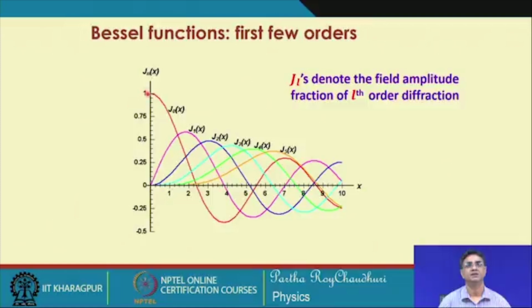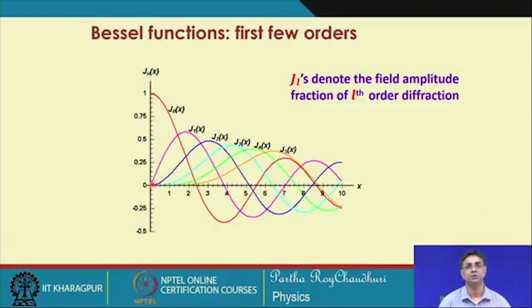Only J 0 of phi 1 is non-zero, and that will carry the maximum amplitude of the electric field. So, in the absence of the acoustic wave in the medium, you have the entire amplitude of light contained in the 0th order of diffraction.